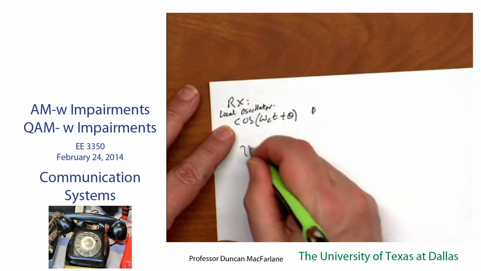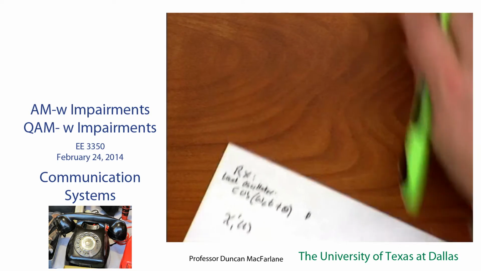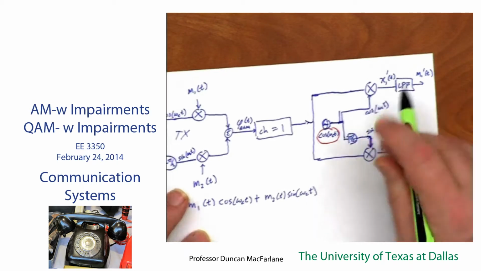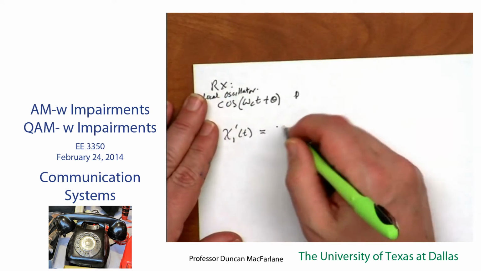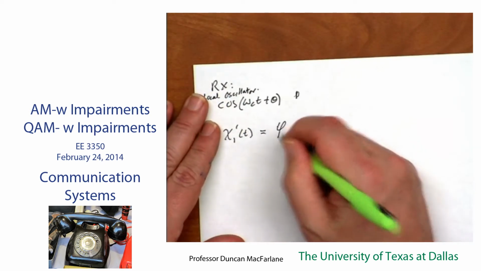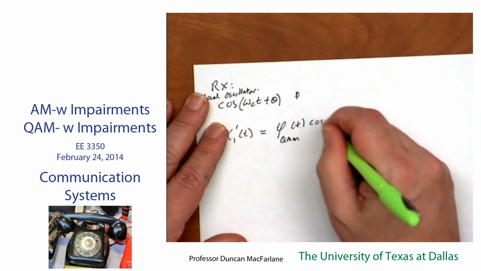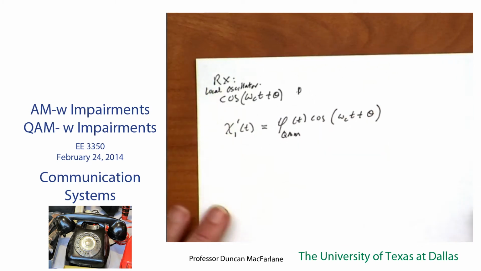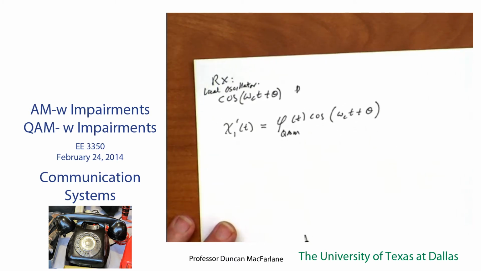So my x1 prime of t, that's the output of this mixer, is going to have the QAM signal multiplied by cosine, now shifted over by some number of radians.